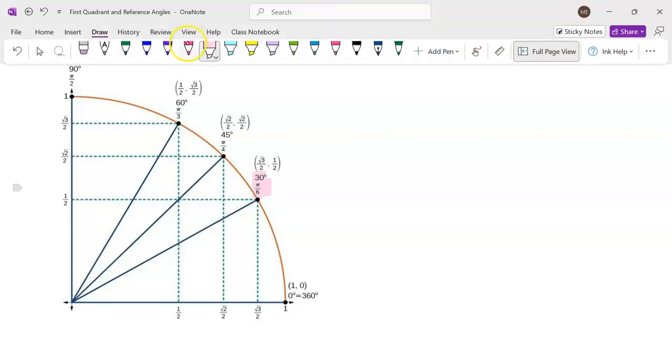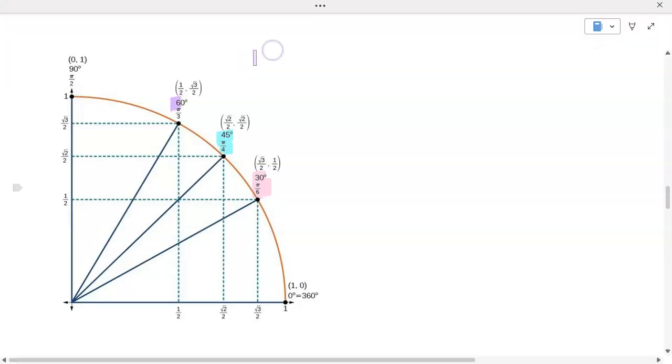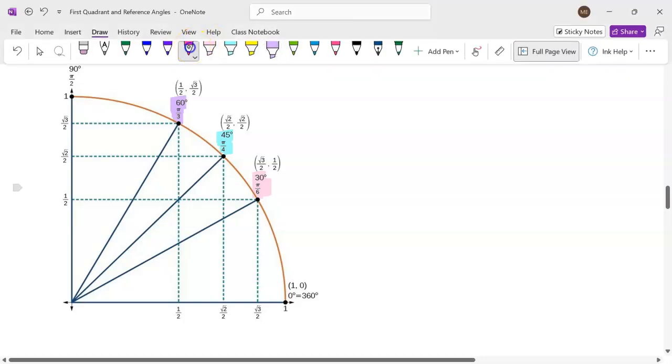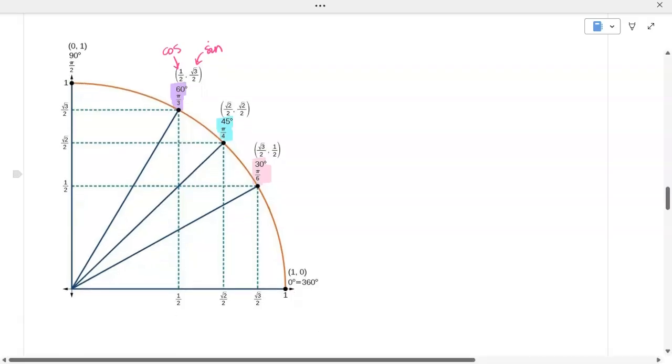We found our coordinates here at pi over 4 or 45 degrees. And lastly, found our coordinates here at 60 degrees or pi over 3. Remember that your x value is going to be the cosine and the y value is going to be the sine. Now, where this becomes helpful as well is at our quadrantal angles.